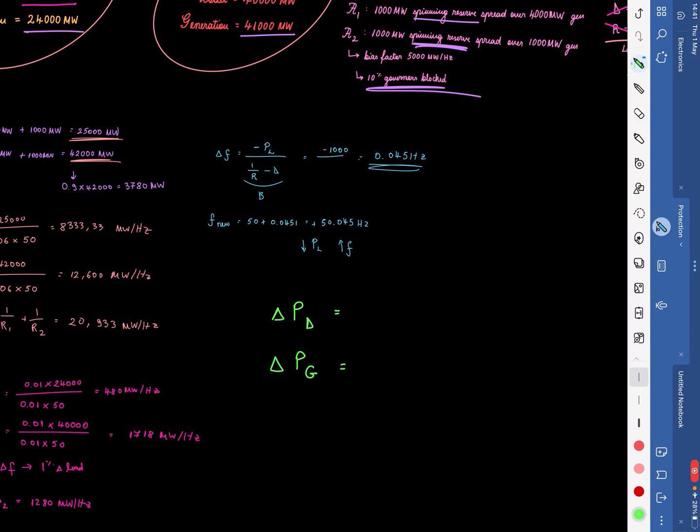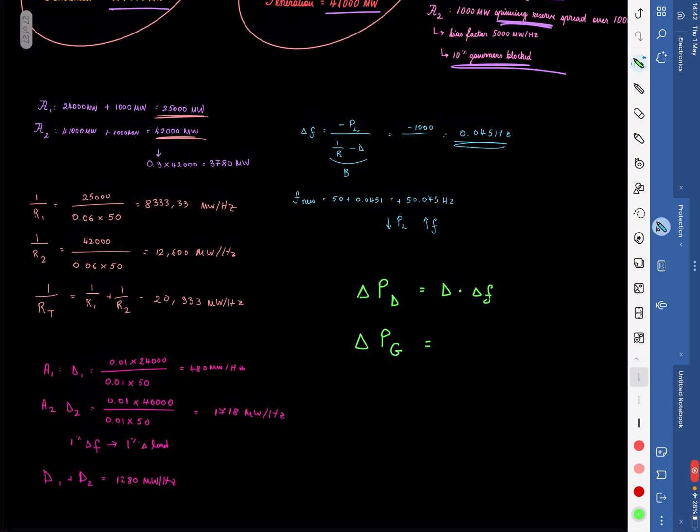Damping is for the change in load times the change in frequency of the system. We found the damping here, damping of area 1, damping of area 2, and the change in frequency of the system is this. So you're going to get, for area 1, you do it for both areas. So area 1 is 21.6 megawatts, and area 2 is 36 megawatts.